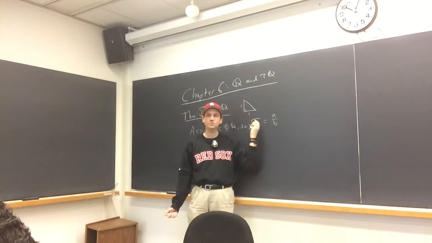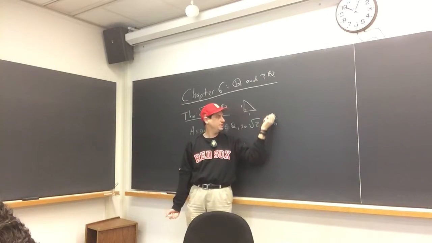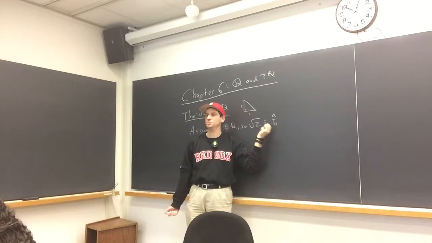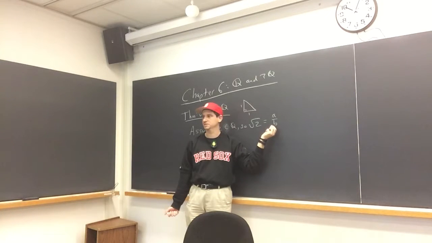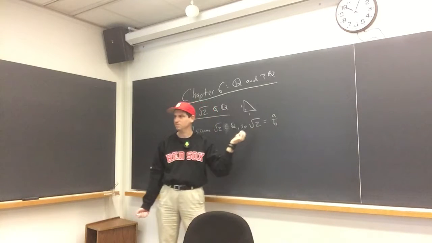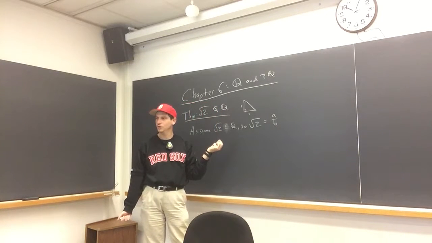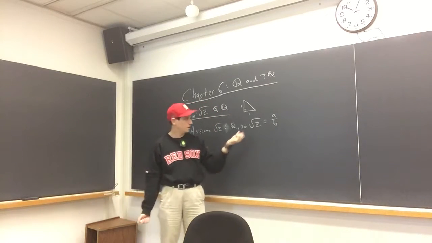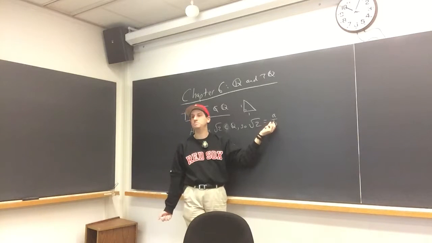Let's assume square root of 2 is rational. Will there be a ratio a over b with the smallest possible value of b? Yes? It's 1. Well, is it like an absolute minimum? It can't be less than 1. Okay, b can't be less than 1. So we know b is bounded from below, because they're ratios of integers. b is at least 1.